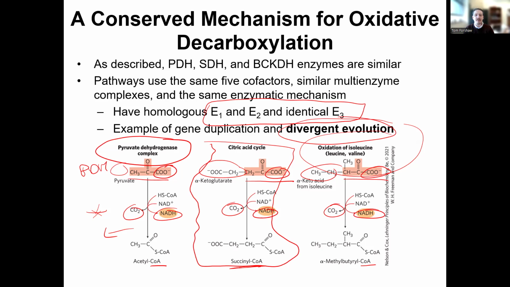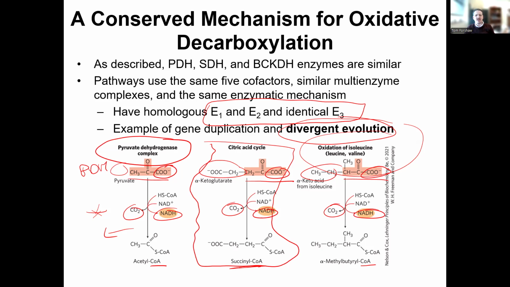What likely happened is that there was one precursor enzyme first of all, and there was a duplication event to create several of them, so there were multiple copies of this enzyme within our DNA earlier on. And then separately, these enzymes evolved to have different abilities.